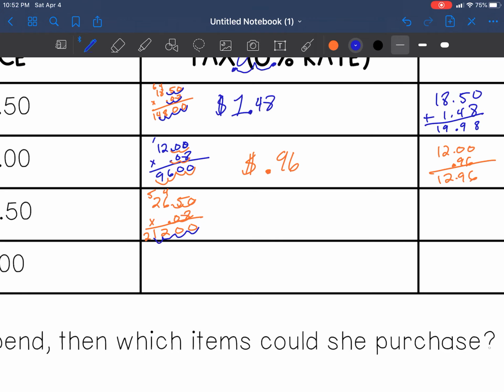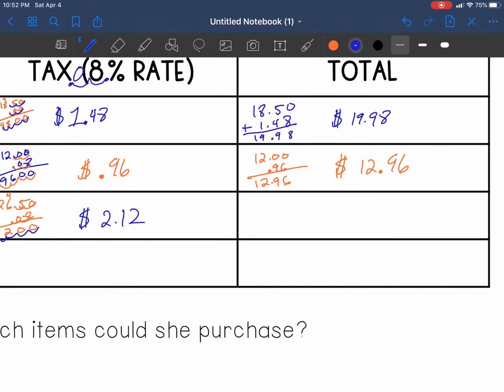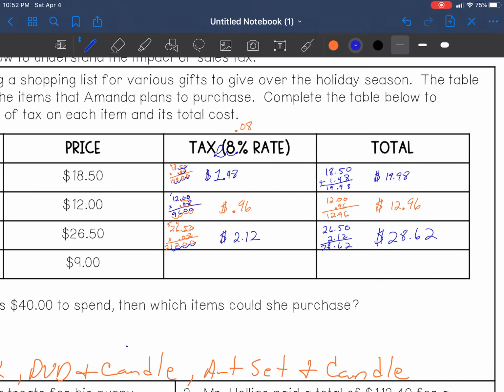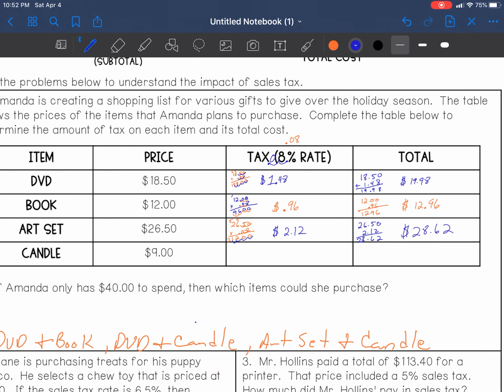Our tax would end up being $2.12. What do we do with that $2.12? Let's add it to $26.50. 2, 6, 8. So total will be $28.62. So that art set is not $26.50. It's going to end up costing us $28.62.